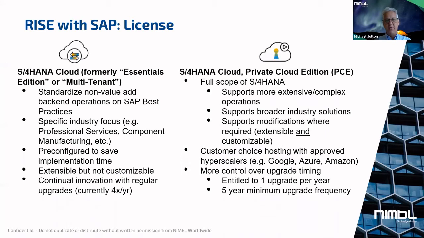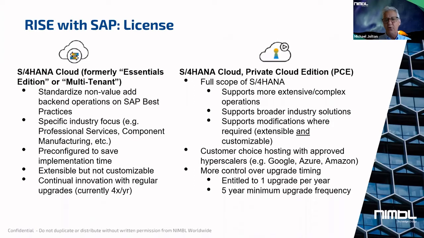You configure at the IMG level, so you've got the full scale of S4HANA available to you, supports broader industry solutions, extensive complex operations. And what's new with PCE is you can customize the code where need be, or for those of you on ECC today, you can bring those customizations with you. So that's probably the biggest change.